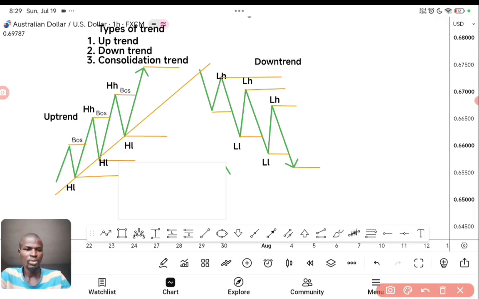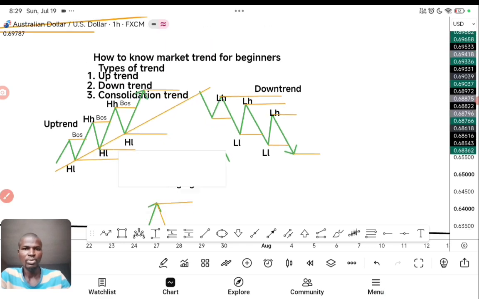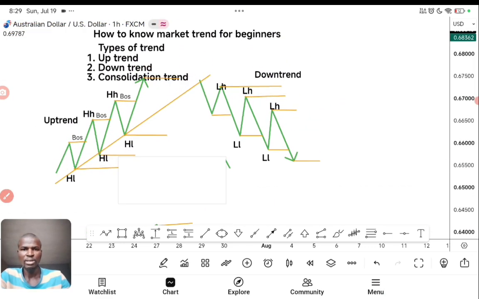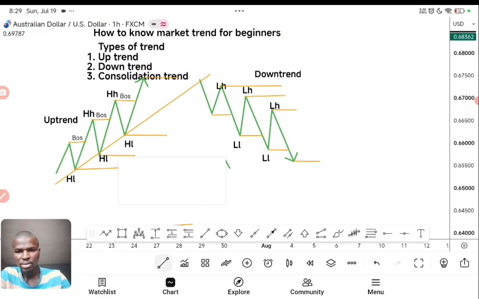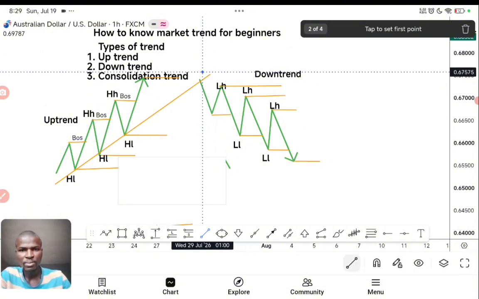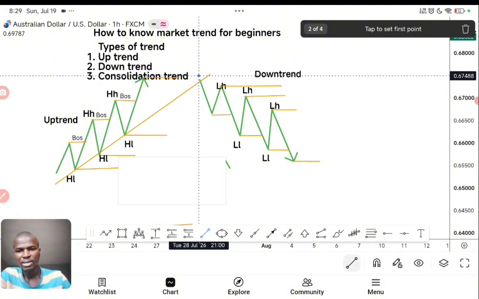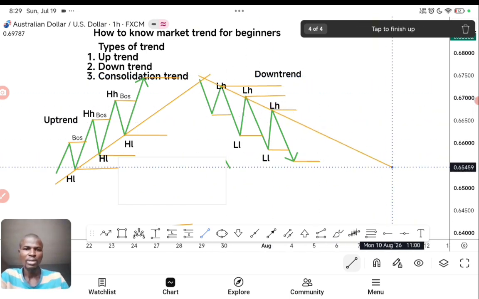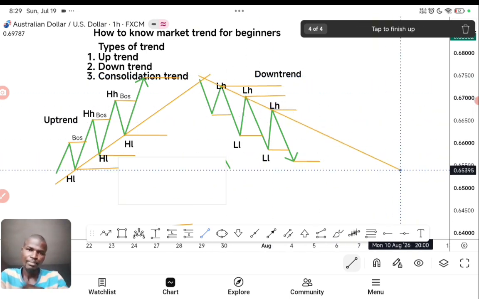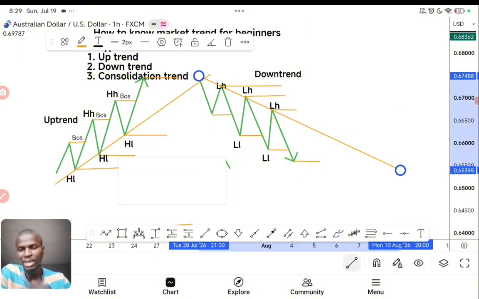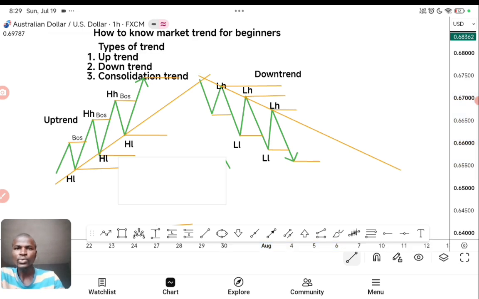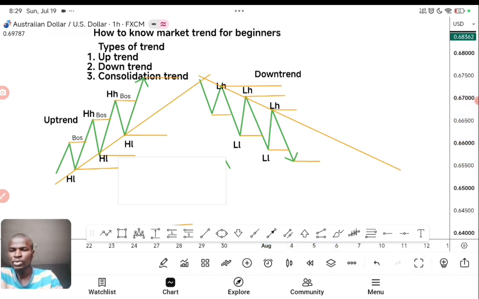Let me use the tools. Okay, this is the tools. As you can see, as I place it on the mini retracement, it slants to the downside. That means the market is in the downtrend. These are the tools you'll be using.